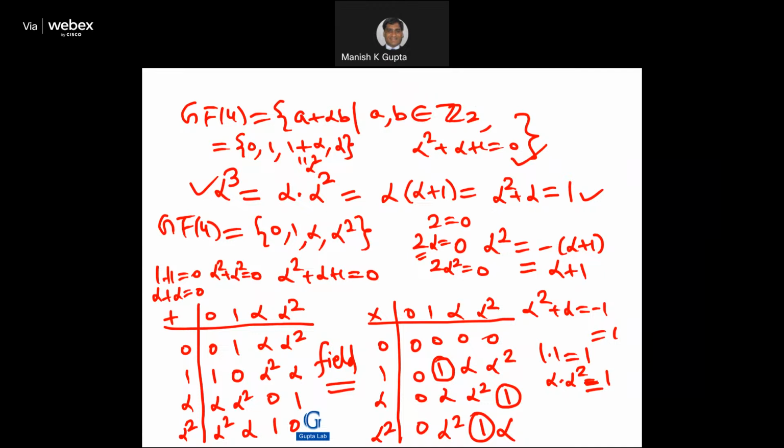And in between somewhere there will be a field with 256 number of elements. 256 is 2 to the power 8. So you need to take a degree 8 polynomial to do all the calculations, right? So let me show you now calculations for a field with 8 number of elements.